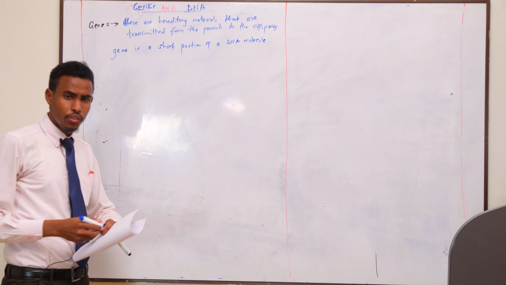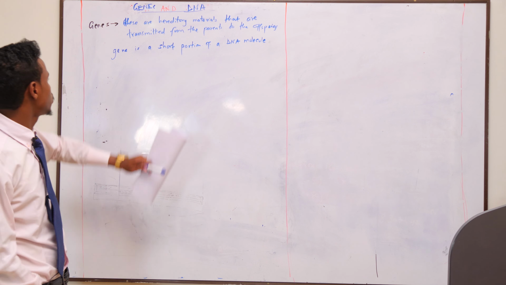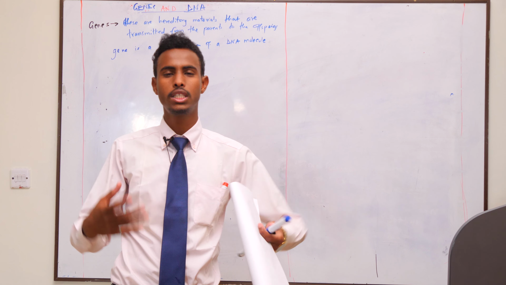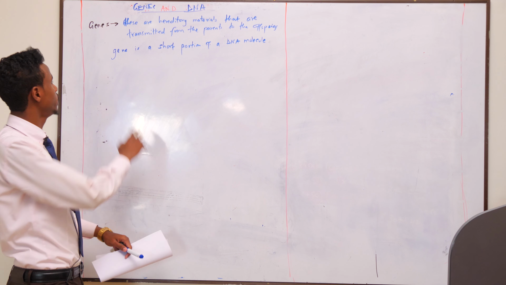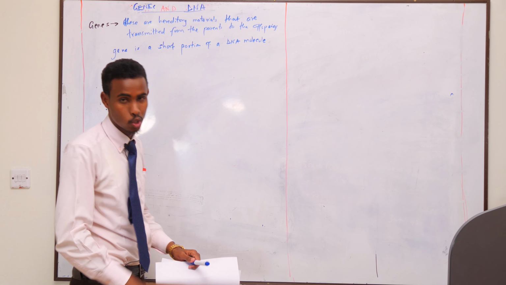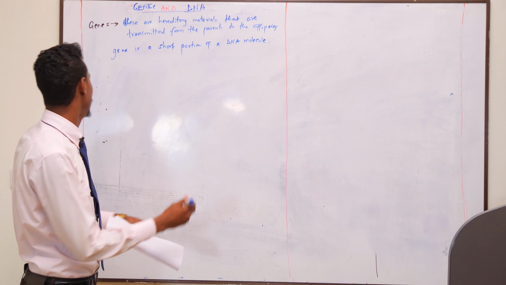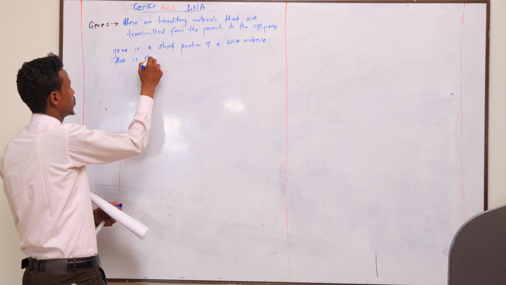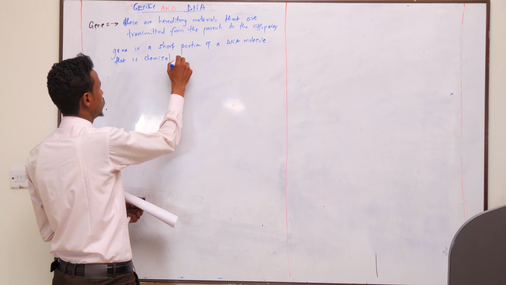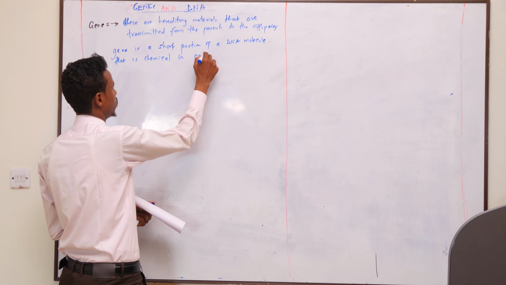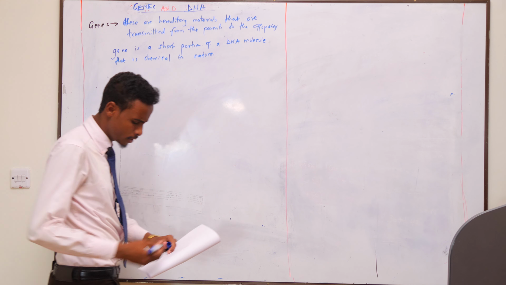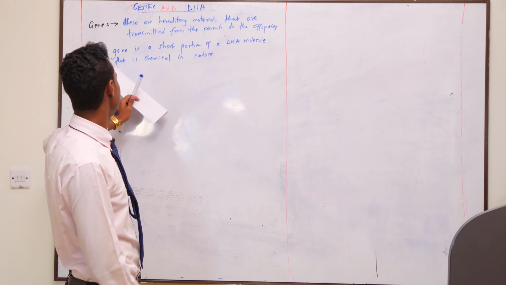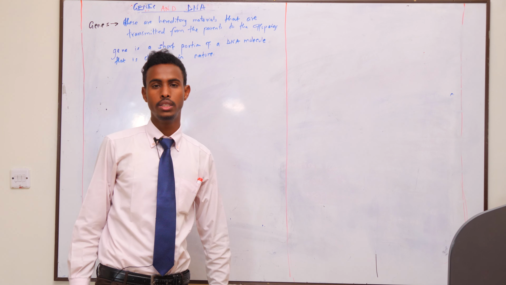Again, the gene being a short portion of a DNA molecule, it is important to know its nature: a gene is a short portion of a DNA molecule that is chemical in nature.